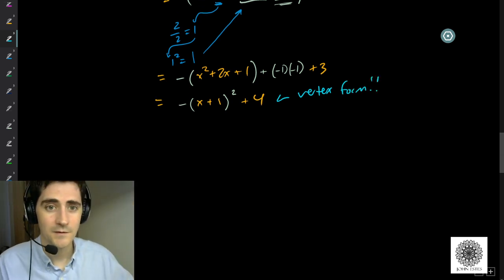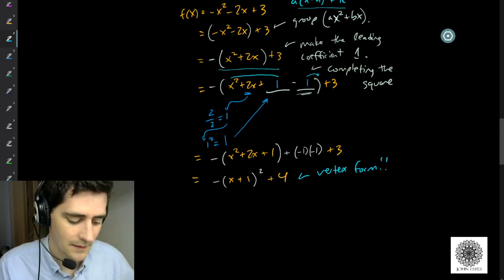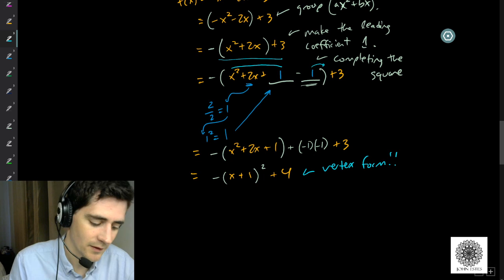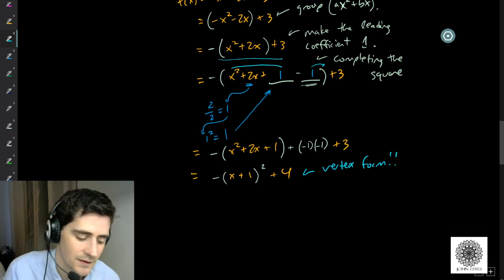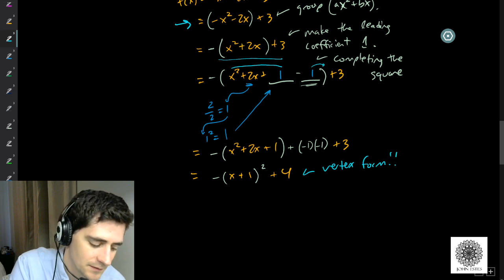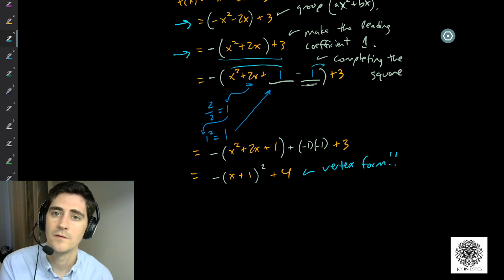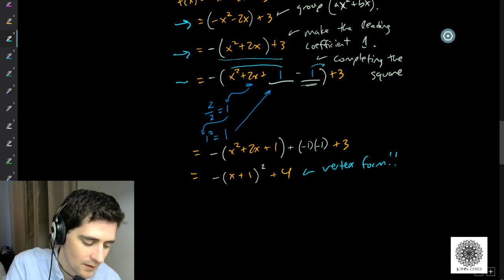Okay, now it feels like a lot. It's really not though. Let me run through it again real quick. All I did was group my quadratic and linear terms together. That's what I did here. I took out my leading coefficient, which is what I did there. And then I completed the square, something we've already done a couple times, when I did there.